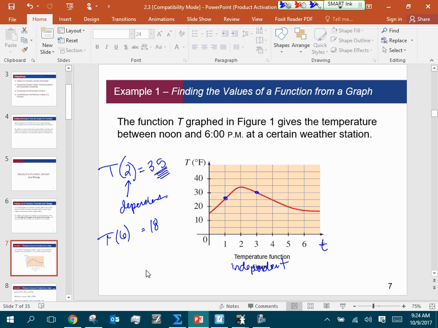What's 35 minus 18? 17. Okay, and now the period of time would be 4, right? So 17/4 would be our average rate of change. Whatever that is as a decimal, we'll say 17 divided by 4 is 4.25.